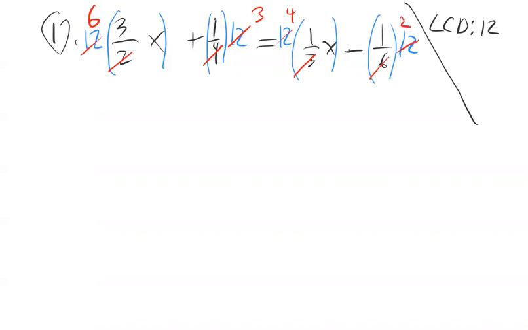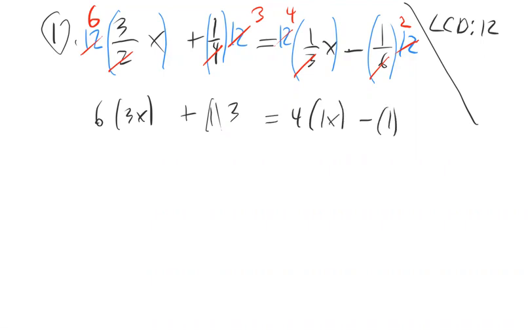Now, what we have next is 6 times 3x plus 1 times 3 equals 4 times 1x minus 1 times 2. So if I simplify that, then I'll get 18x plus 3 equals 4x minus 2.